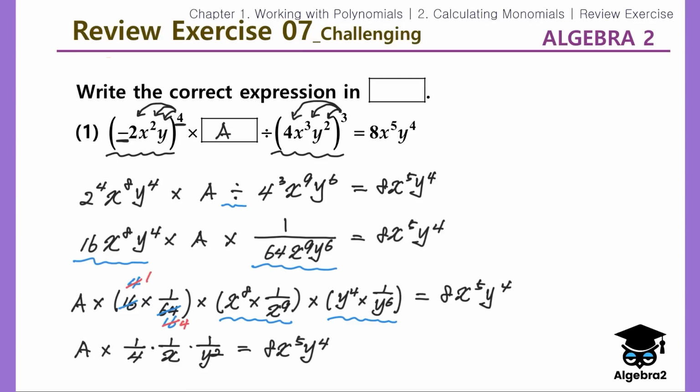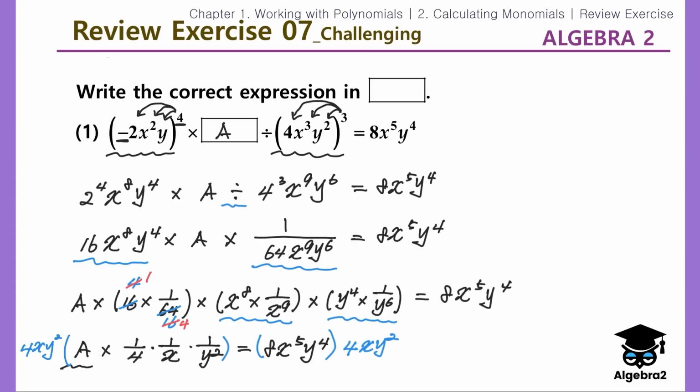So in order to find the expression a, we're going to have to remove all of this term right here. So what I'm going to do is multiply all of this expression by 4xy squared on the left hand side, and also on the right hand side I'm going to multiply by 4xy squared.